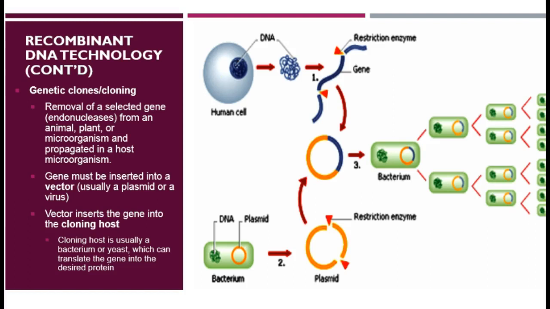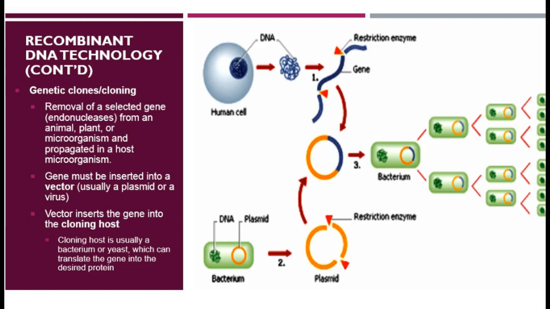So we're going to cut that gene out of the host or donor organism, and we're going to insert it into a plasmid or into the chromosome of the cloning host, which is typically a bacterium or sometimes a yeast.